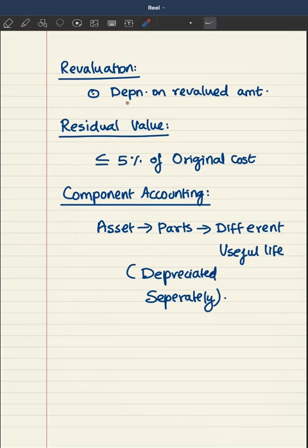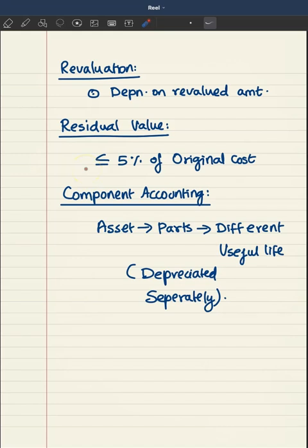That is, the value will be increased because of the changing market conditions. In those cases, depreciation will be provided even on the revalued amount. And whenever we estimate the residual value or salvage value, even in our case, we said 12 lakh is the original cost and 2 lakh is the salvage value, which is our assumption.